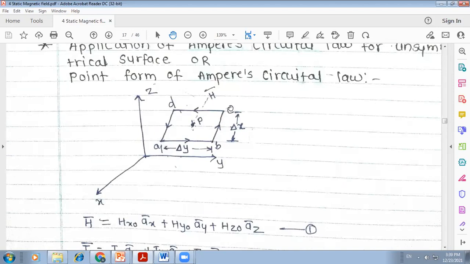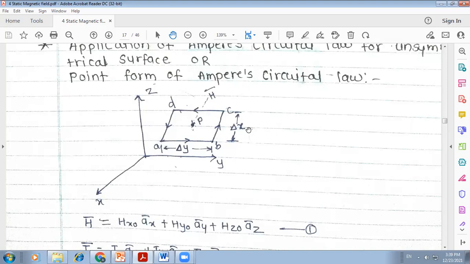From B to C, you are going in which direction? X or Y? X direction. So that direction is plus or minus? Positive x axis or negative x axis? Yes? Minus. Minus, correct.